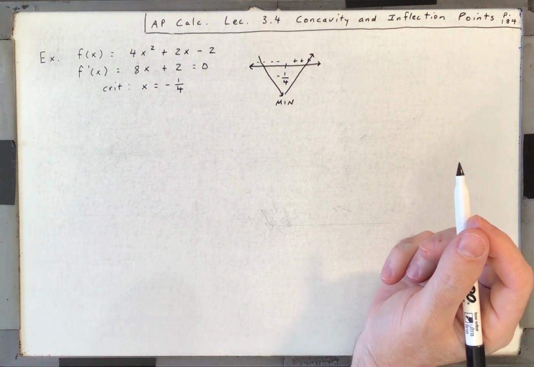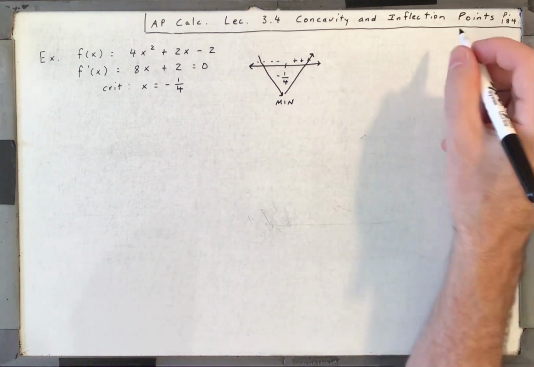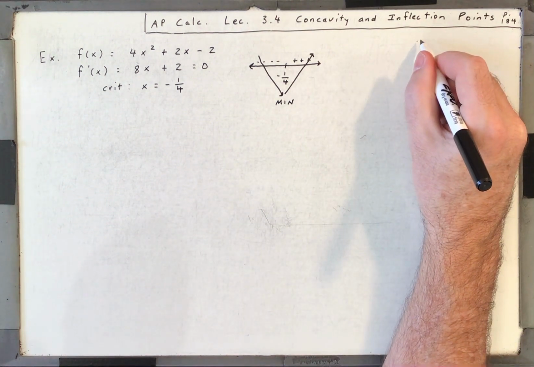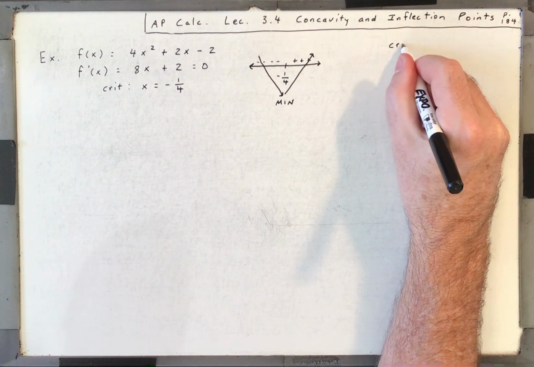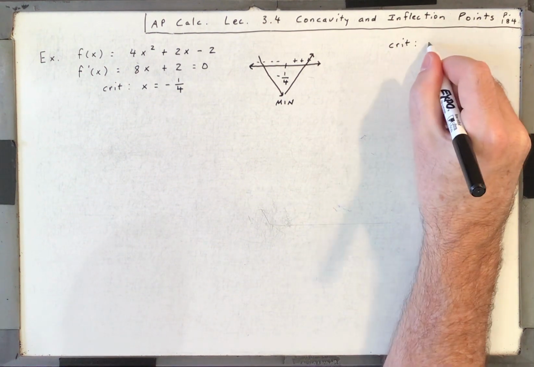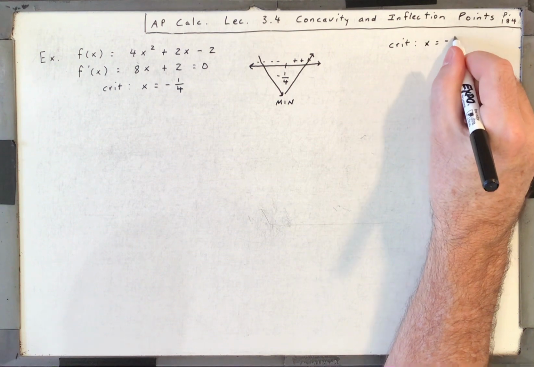Let's put down everything we know over here to the right. We're going to use all of this to draw a graph. We have a critical point at x equals negative 1/4.